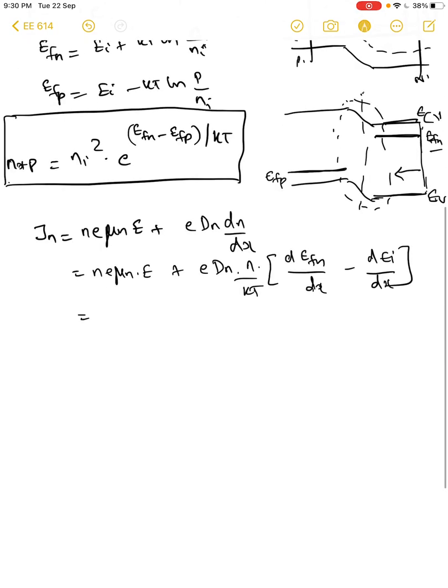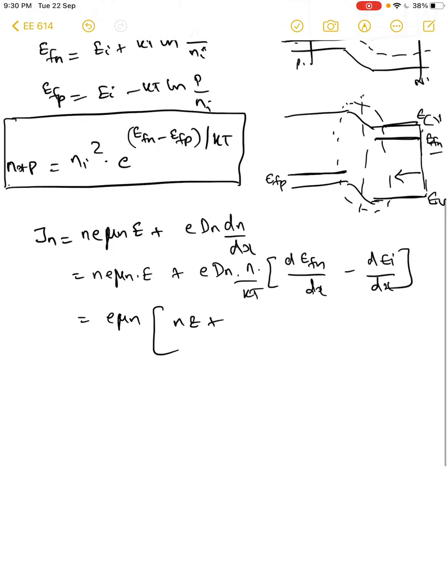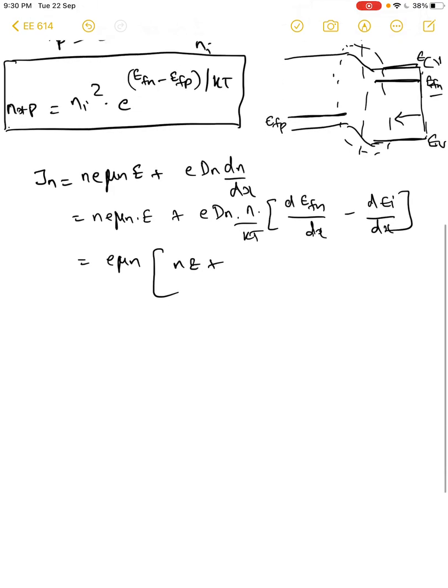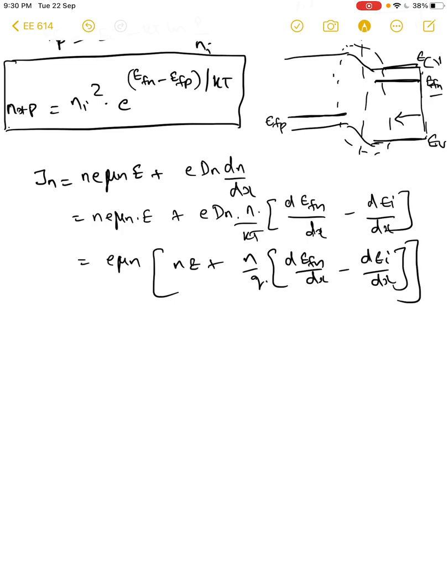And you can take E mu n out, right? Ne plus dn by mu n is kt by q, right? This is n by q, dEFN by dx minus dEI by dx. And we know that dEI by dx is equal to the electric field.